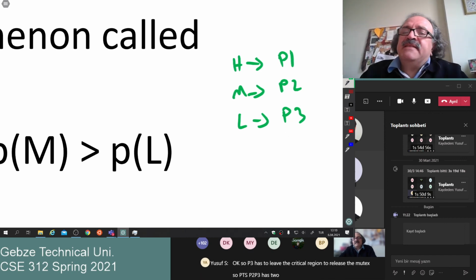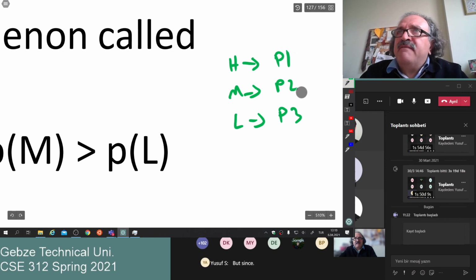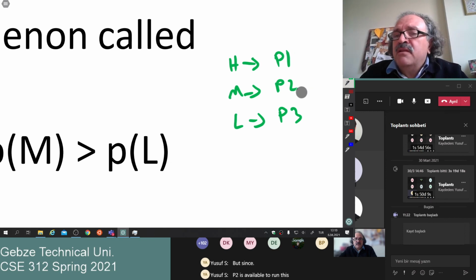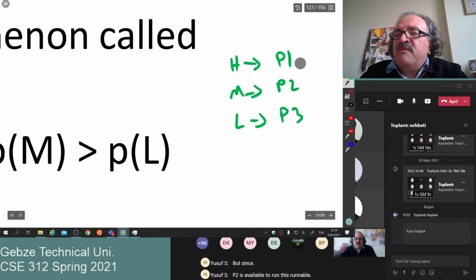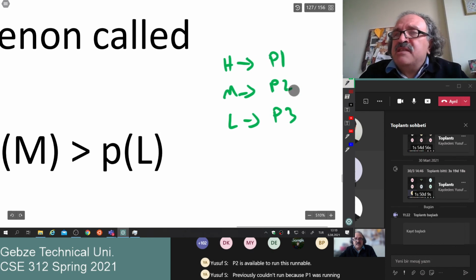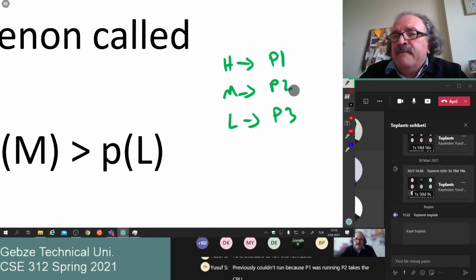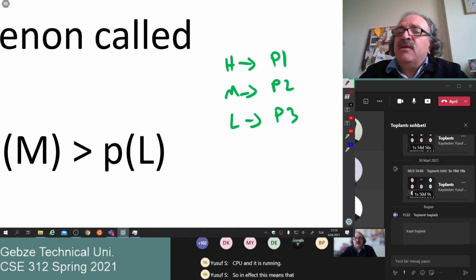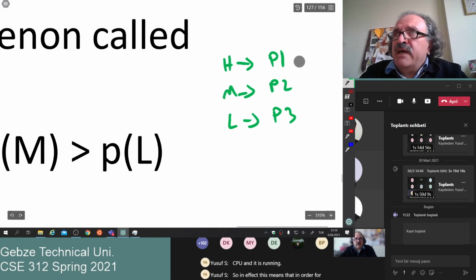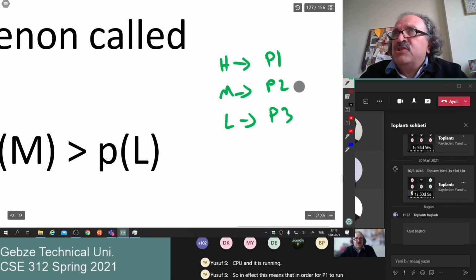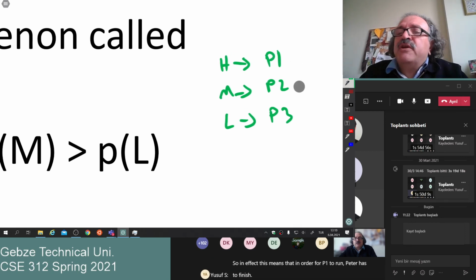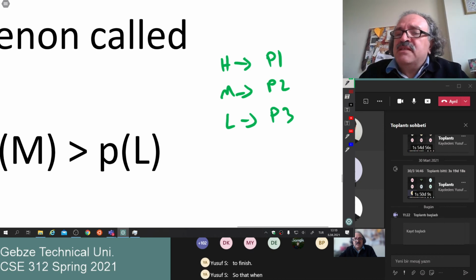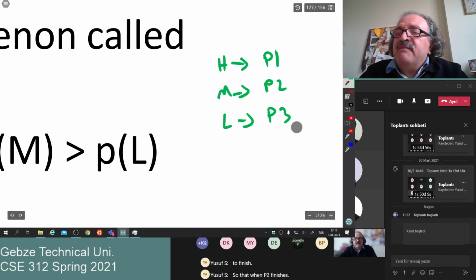But since P2 is runnable, and previously couldn't run because P1 was running, P2 takes the CPU and it is running. So in effect, for P1 to run, P2 has to finish, so that when P2 finishes, P3 can leave the critical region.